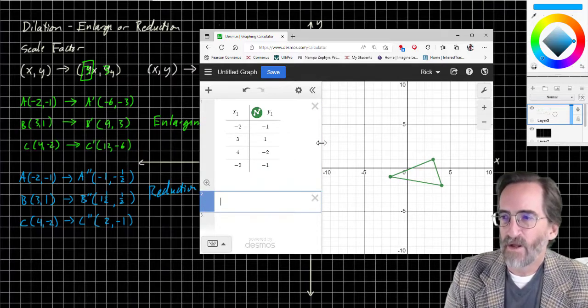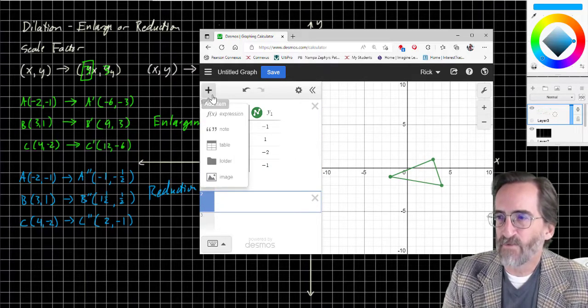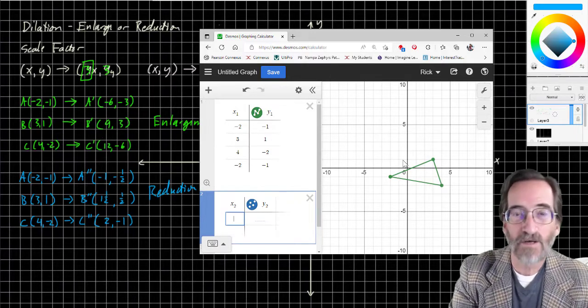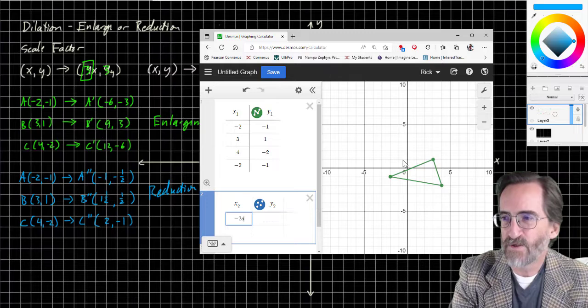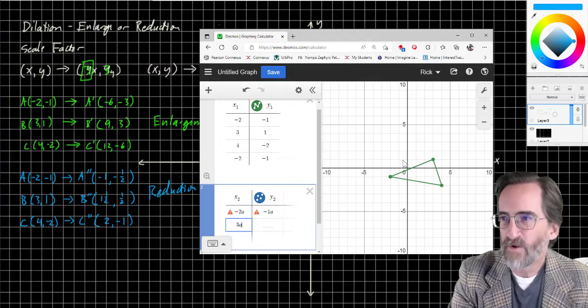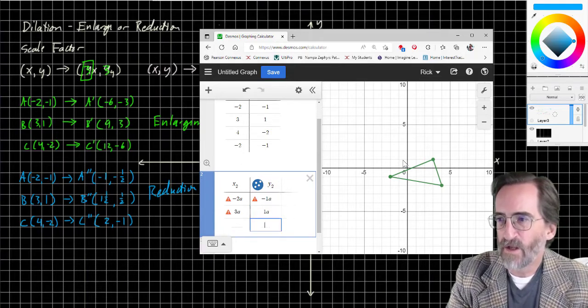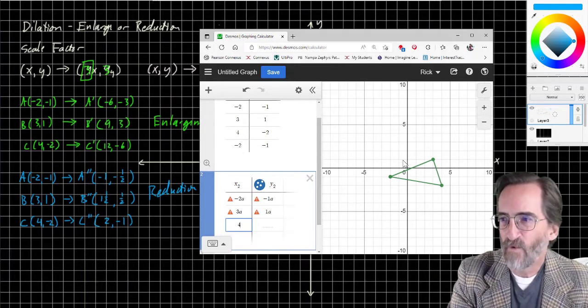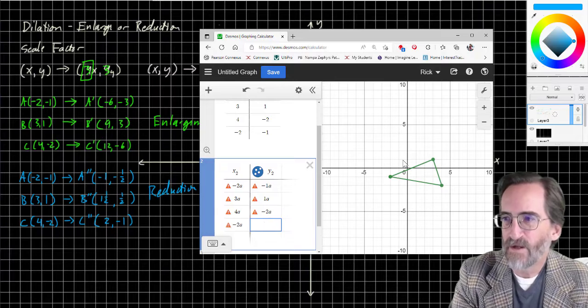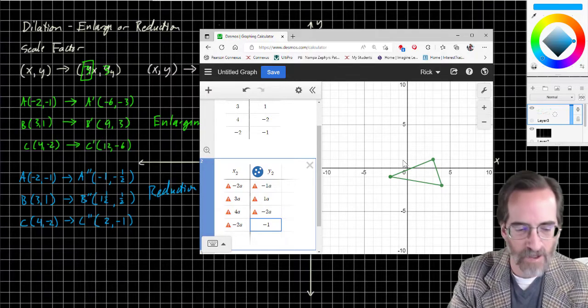All right, and so now I'm going to enter a table again, but this time I'm going to put a scale factor, so a. So -2a, -1a, 3a, 1a, 4a, -2a, and back to -2a, -1a.